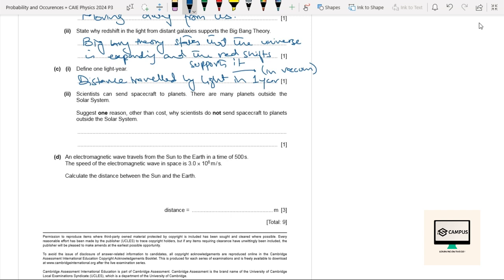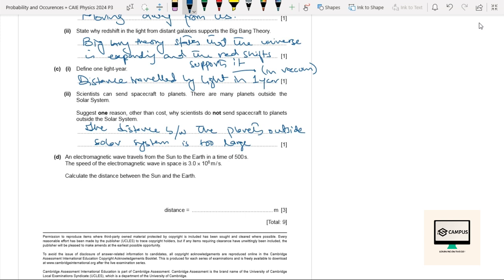That says that if we travel at the speed of light, it would take us 4 to 5 years, and we are nowhere close to traveling at the speed of light for now. So the distances between the planets outside the solar system are too large.